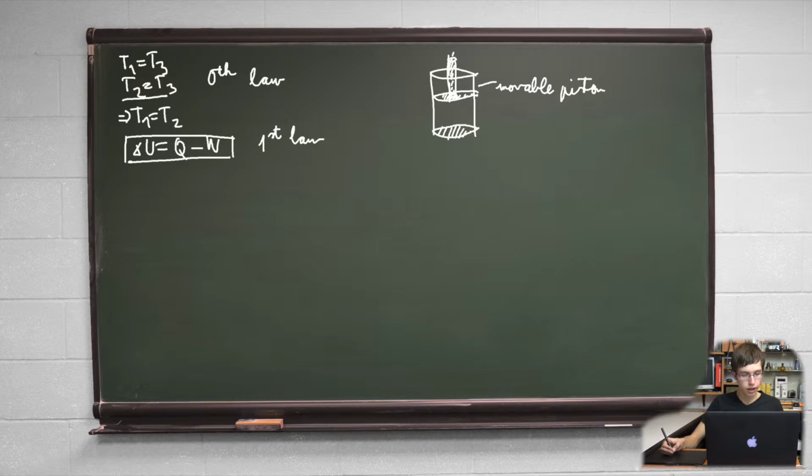Here is the movable piston. Heat is negative, so Q is smaller than 0, if the system releases heat. Heat goes out of the system, the gas releases heat, so heat Q is negative.